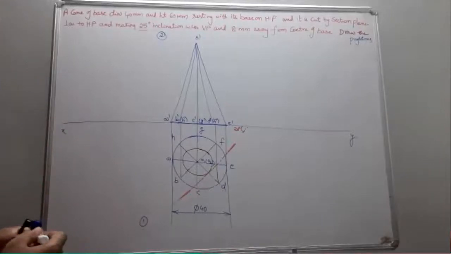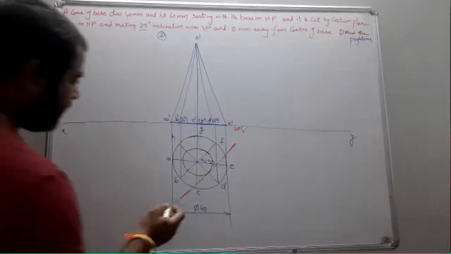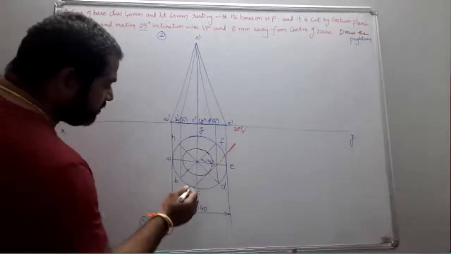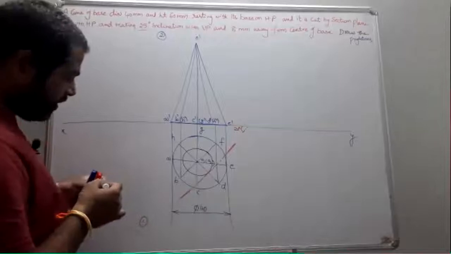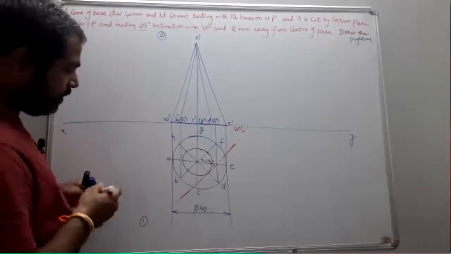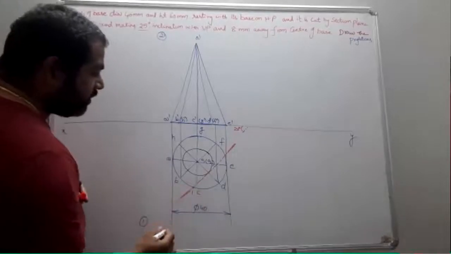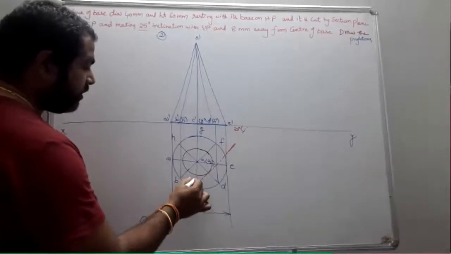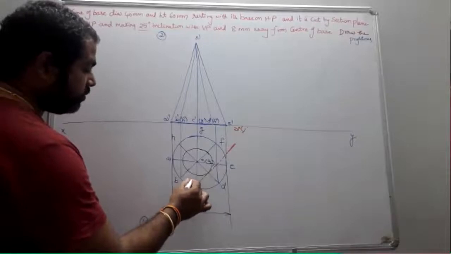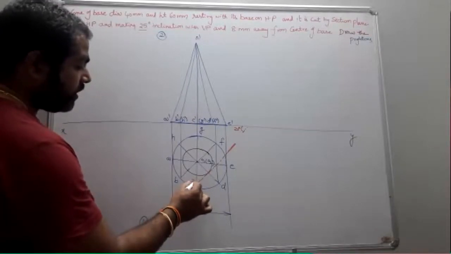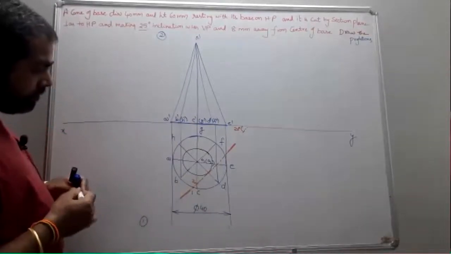Okay, now mark the intersection points where it is supposed to cut. First of all, it cuts the base edge here. So this becomes your point 1. Next, it cuts the generator OC at 2.